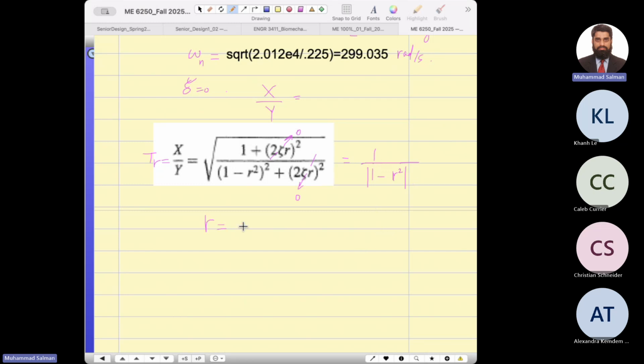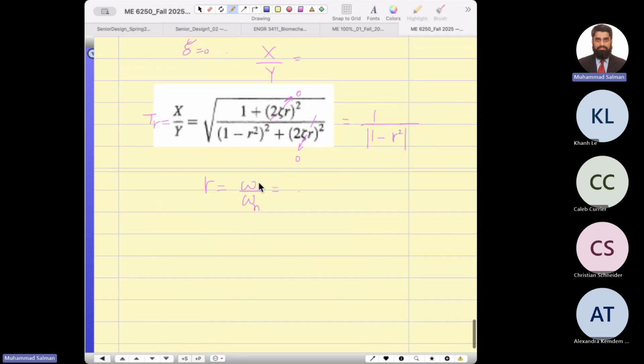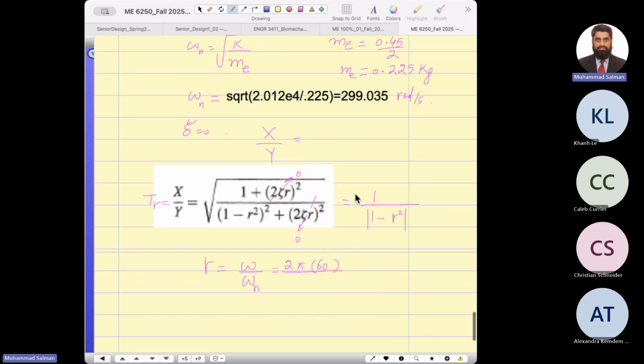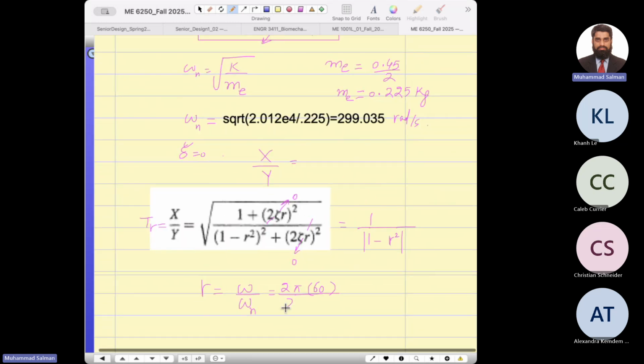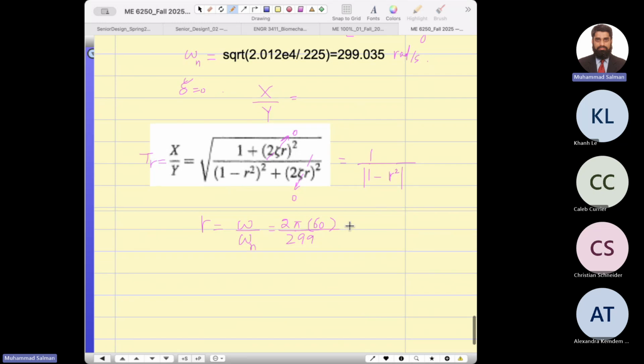So what is that? The r value is nothing but omega over omega n. What is my omega? The forcing frequency is 60 hertz, which is 2 pi f with f equal to 60 hertz. Omega n is 299. So r equals 1.26.